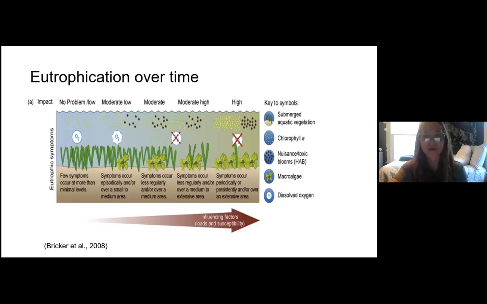So from now on, I'll probably be referring to this as macrophytes, which is what my study is focused on. And as eutrophication symptoms increase over time, you can see that the macrophytes decrease along with it, as well as an increase in macroalgae, chlorophyll A, and nuisance or toxic blooms, which are also known as HABs.